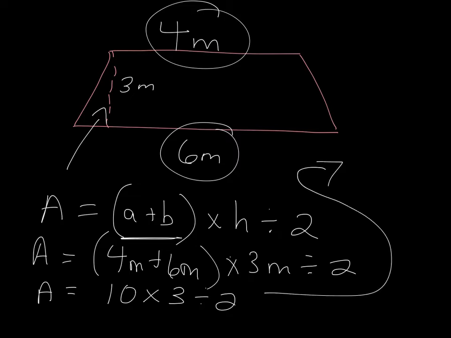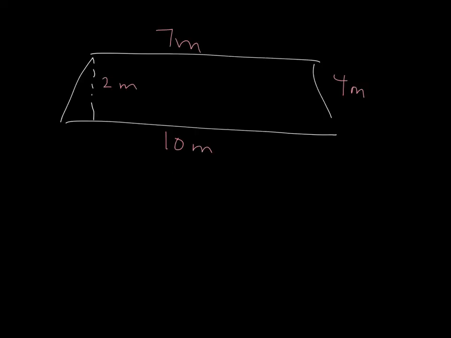And to continue that, A equals 10 times 3 is 30, divided by 2. A equals 30 divided by 2 is 15. And don't forget, we're dealing with area, so that's meters squared.